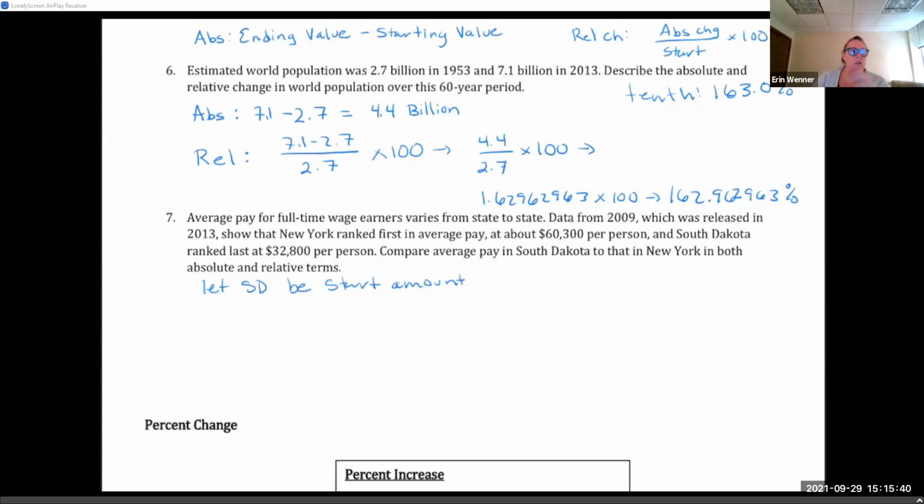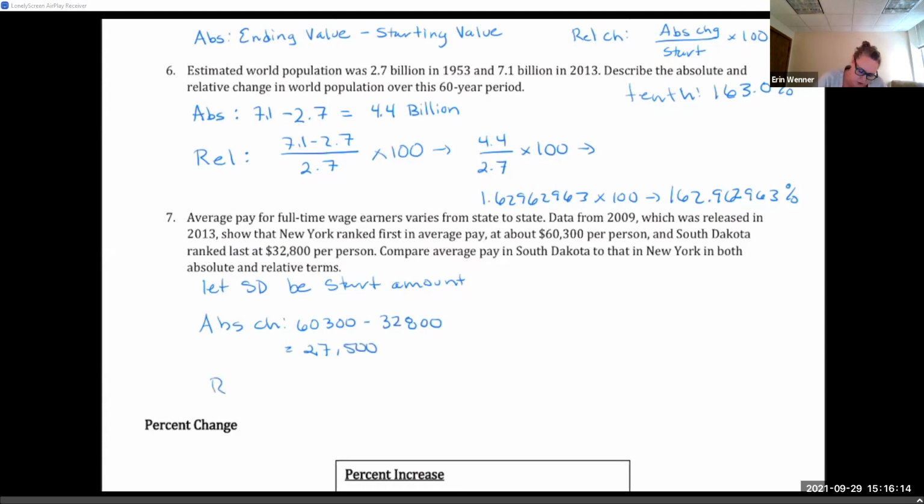Since I'm saying South Dakota is the starting amount, that means we're taking New York and subtracting South Dakota from it, right? When we think about absolute change, you have your ending value minus your starting value. So our absolute change is going to be 60,300 minus 32,800, which gives us an absolute change of $27,500.